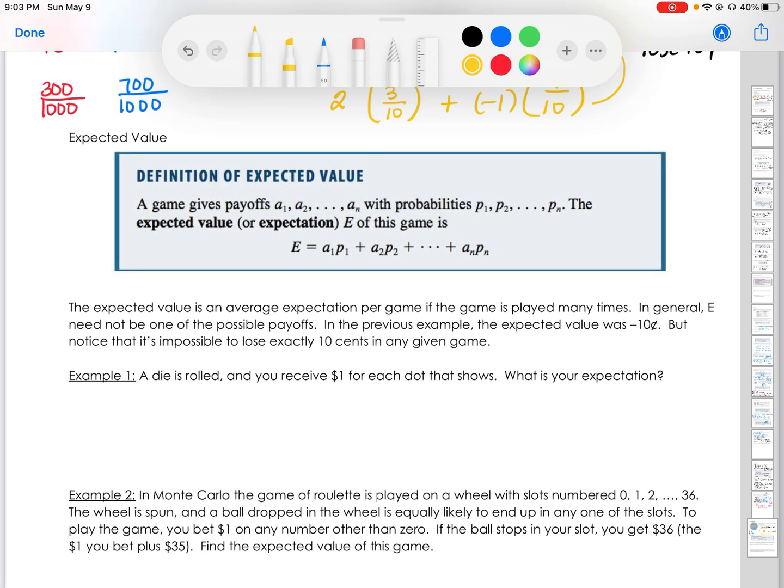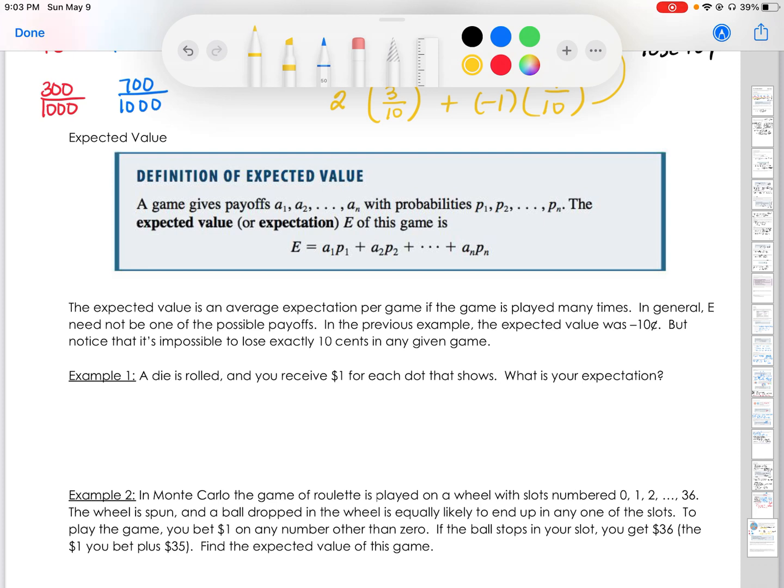So our expected value is basically our expectation, and we actually talked about this a little bit in statistics. The expected value is the average expectation per game if the game is played many, many times. So in general, E does not need to be one of the possible payoffs, right?